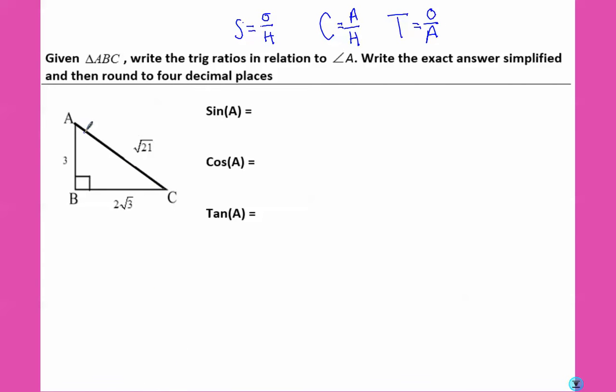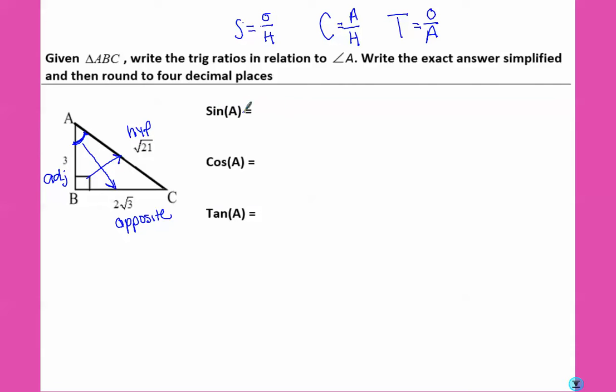So if we're looking at angle A, across from that, that's our opposite side. Across from the right angle is our hypotenuse. And our other side is our adjacent.